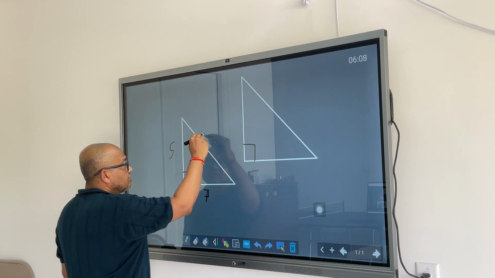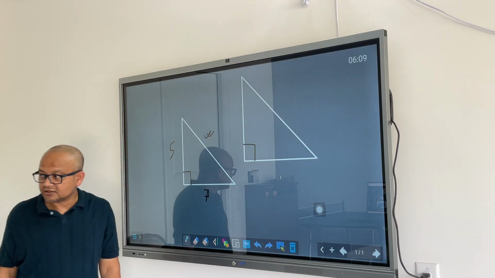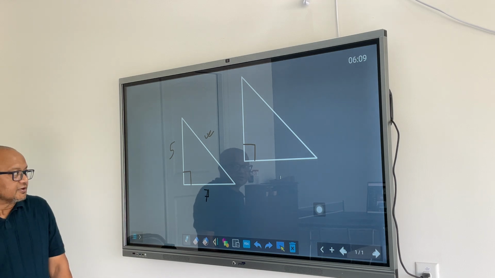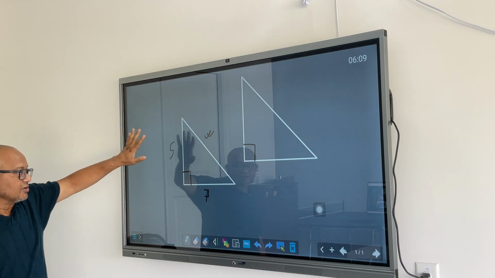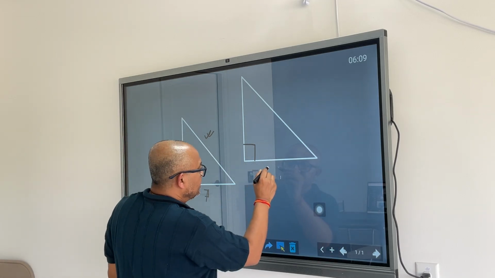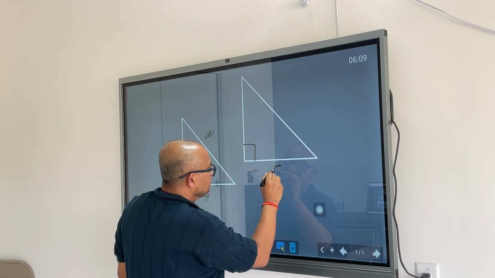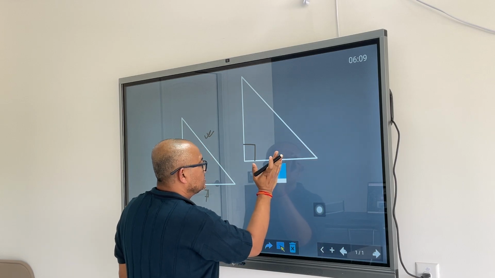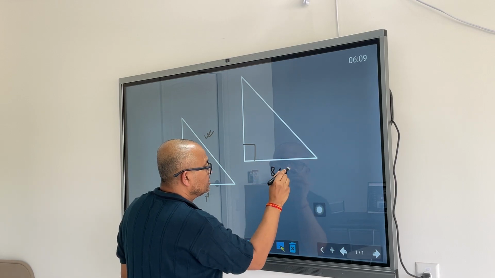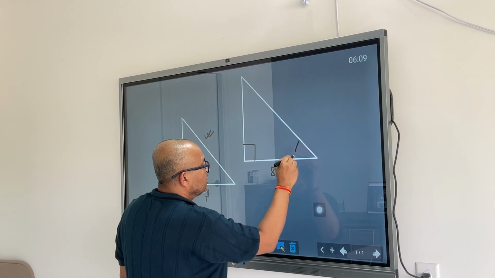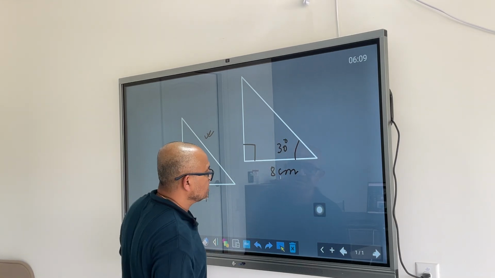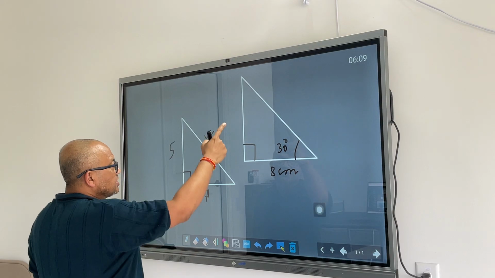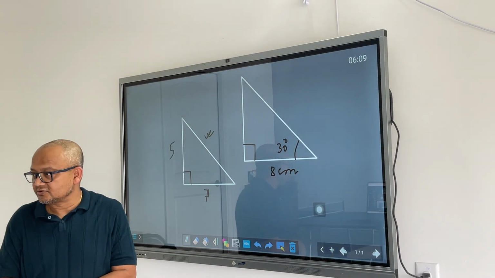I want you to find out this length and the area of this right angle triangle. This is more like a jump start. You guys will be very comfortable doing it. And then I'm saying this is 8 centimeter. This one is 30 degrees. And I'm asking you guys to find out the area of this triangle also.